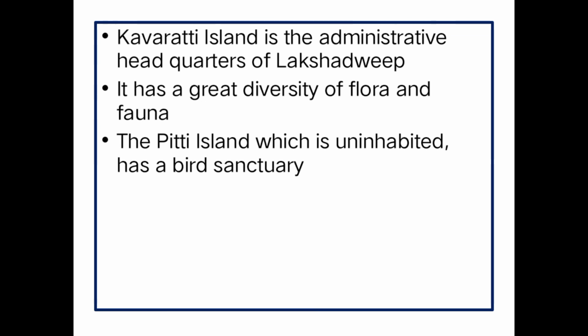The capital, Kavaratti Island, is the administrative headquarters where all administration is done, and it has great diversity of flora and fauna. The most noticeable part here is Pitti Island, which is uninhabited. You don't find people living there, and it is known for a bird sanctuary.